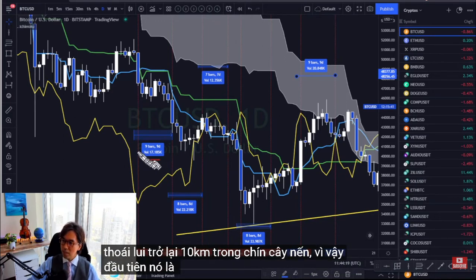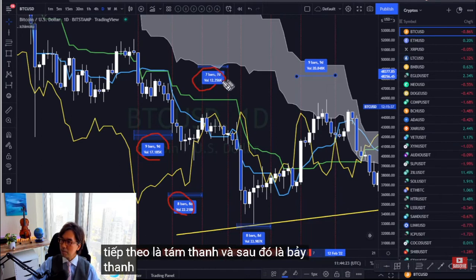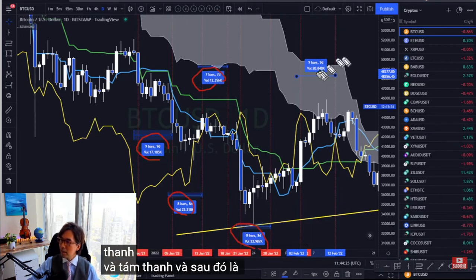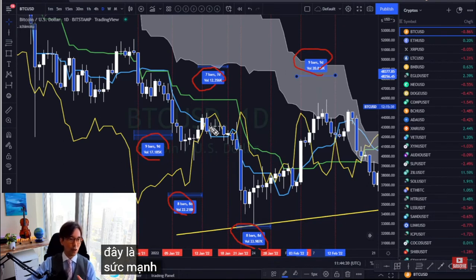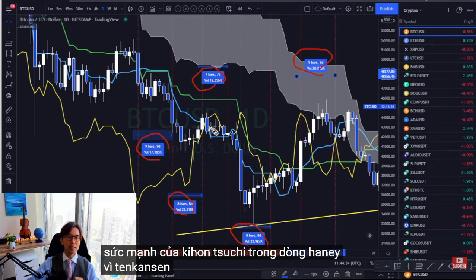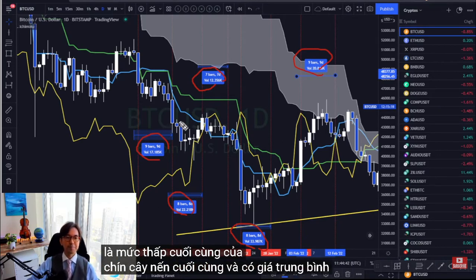First it was 9 bars, next one was 8 bars, then 7 bars, then 8 bars, and then 9 bars. So this is the power of Kihon Suchi in the Hanne line as Tenkan-sen. Tenkan-sen, once again, is the high and low of the last 9 candles, taking the mid price.